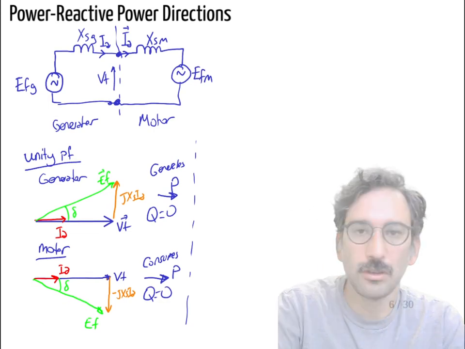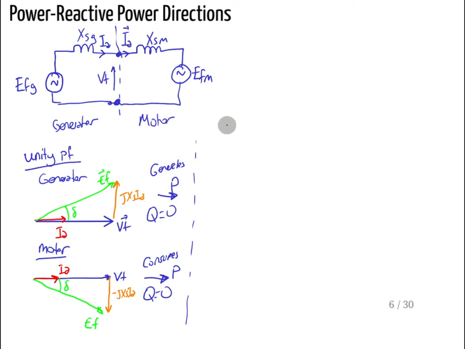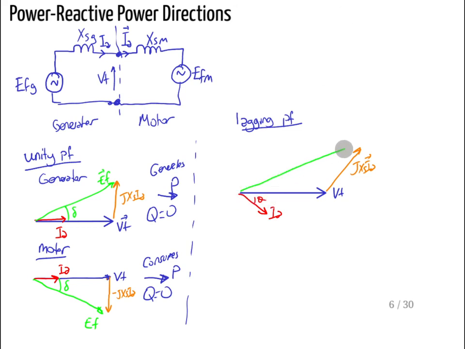So let's draw the same thing, not for unity power factor, but for lagging power factor. Draw the VT. This is VT, and now IA is working at a lagging power factor, and as a result you will have jXS IA, and you have EF here.